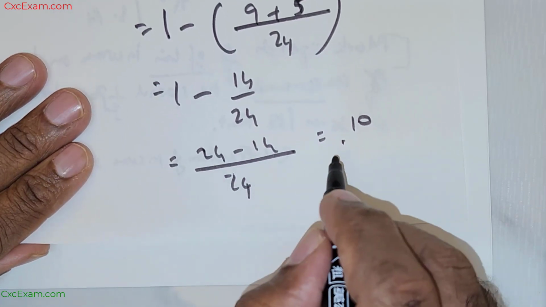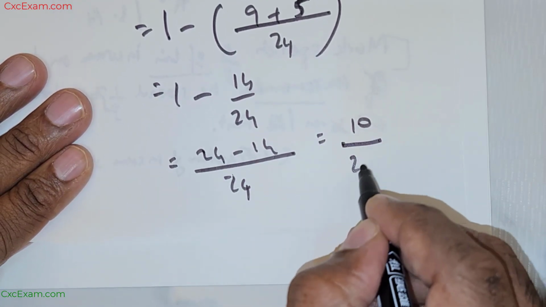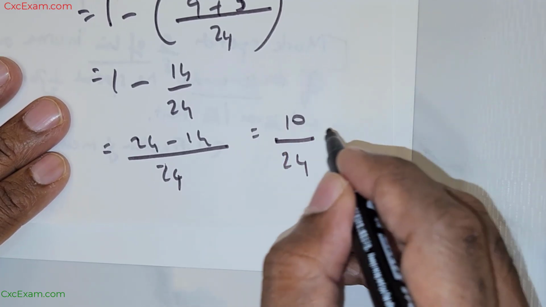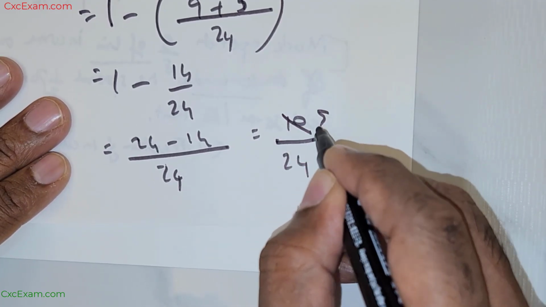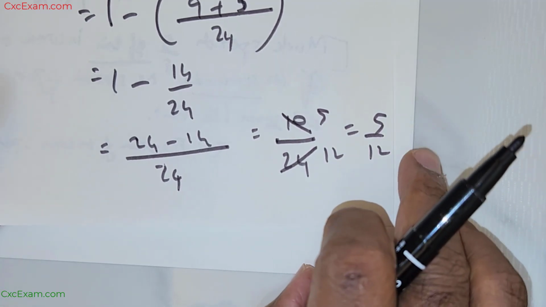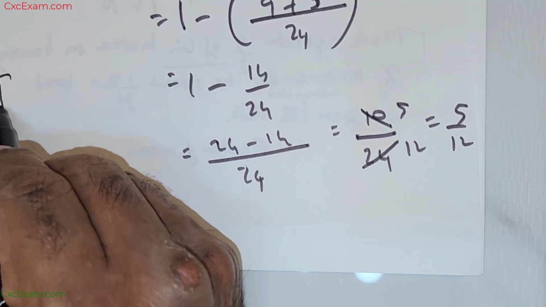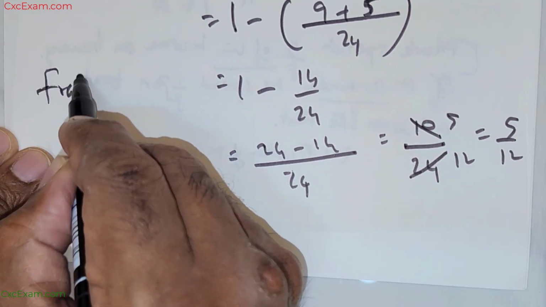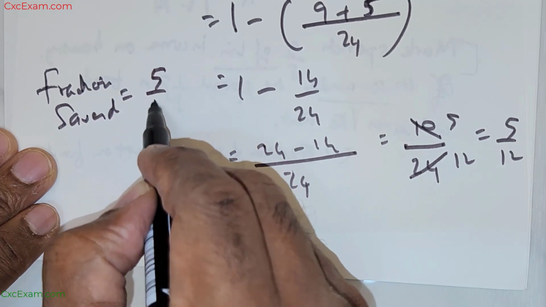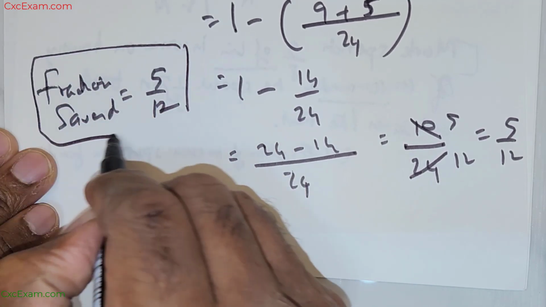From 24 you take away 14. That will give you 10 over 24. Now you can reduce this. 2 divides here 5 times, 2 divides here 12 times, which is equal to 5 over 12. So the fraction saved, you can write it here. Fraction saved is 5 over 12.